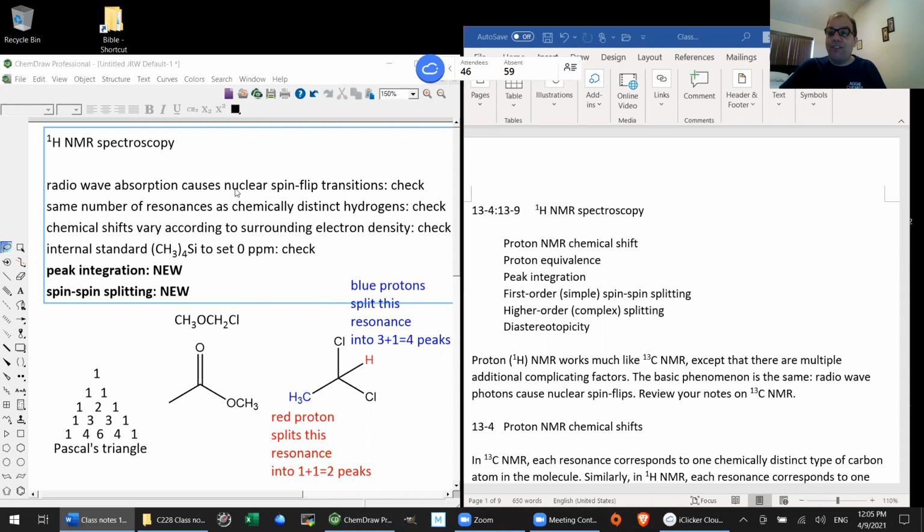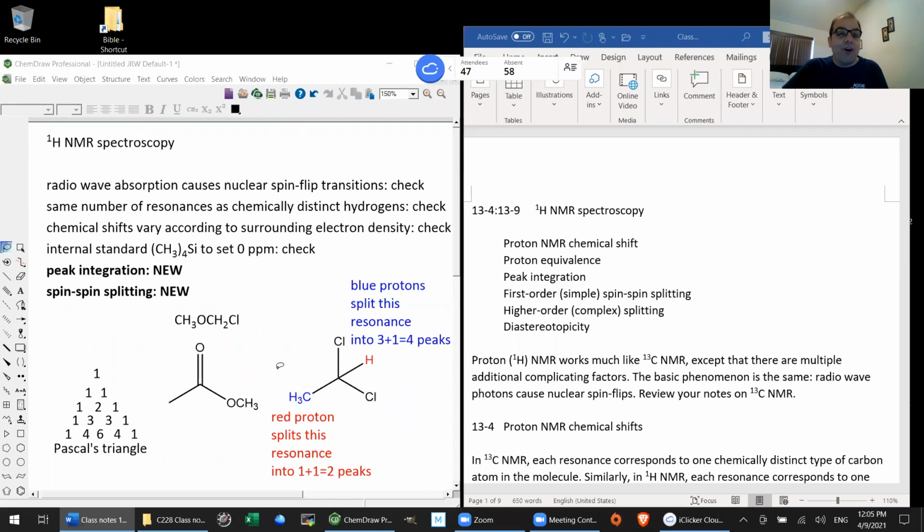It causes the nuclei to undergo what are called spin flip transitions. And that's all because atomic nuclei have a property that makes them as if they were tiny rotating spheres. They're not, of course, but it's as if they were. So that's one thing that proton NMR and carbon NMR have in common.